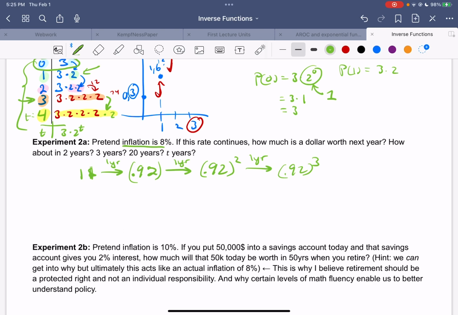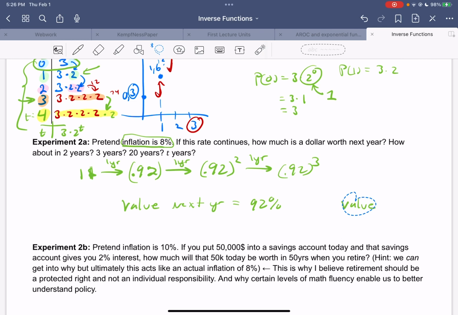Because inflation being 8%, what it's saying is the value next year is equal to 92% of the current value, I should say. We'll do that, okay? Current value, okay? So, all right, when I have $1, 92% of that is 92 cents.